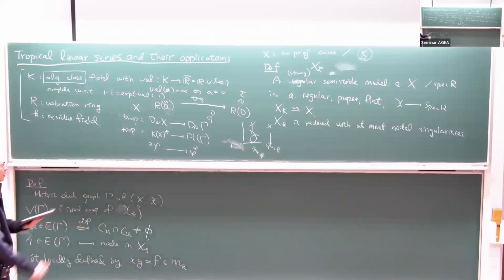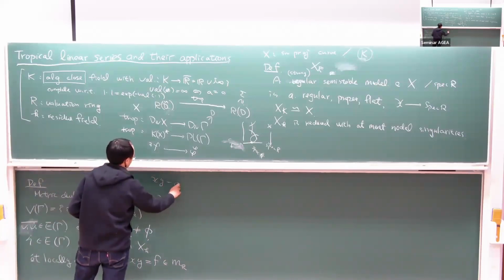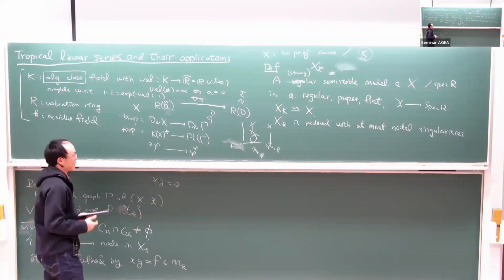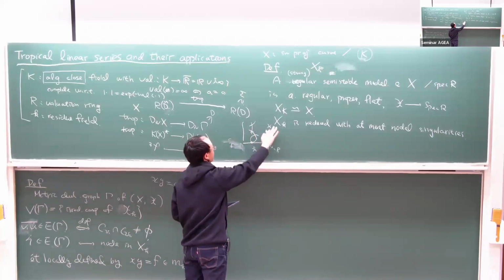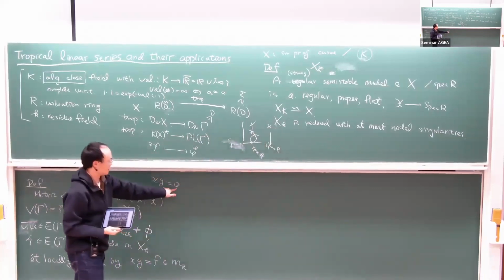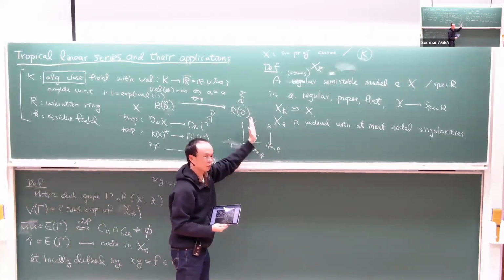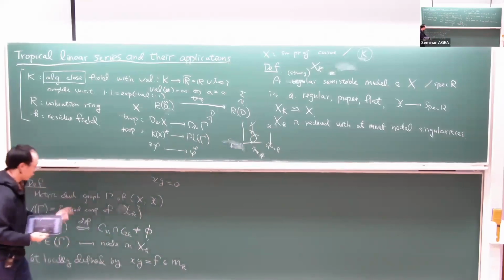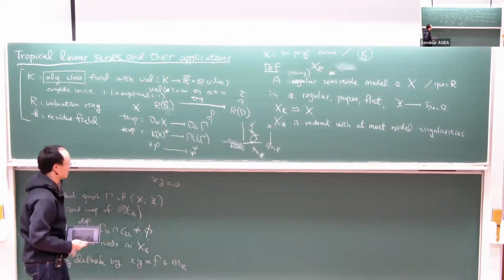If we consider a node in R^2, it is defined by xy equals 0. Here we want to define this node in the family, so the best we can say is that this term is replaced by something which vanishes on the special fiber. Anyway, around each node, locally, it is defined by something like this.